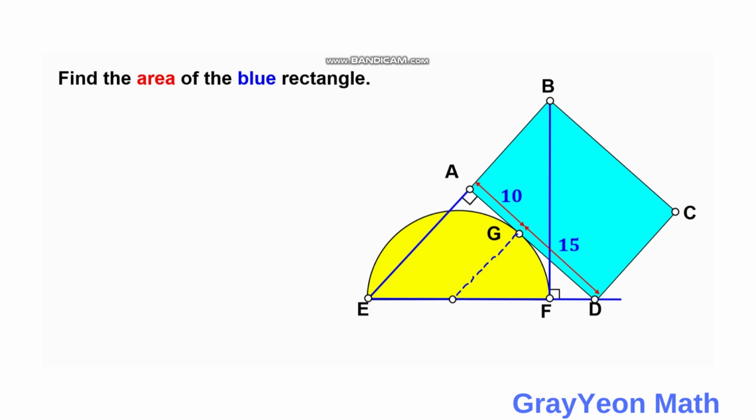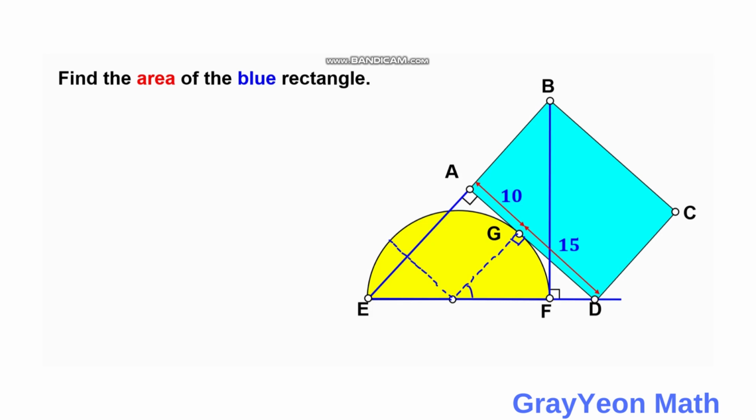And next we draw another segment which will be perpendicular to AE from the center of the semicircle. And if this is the point of tangency, then this should be 90 degrees. And if that is 90 degrees, then we form here an angle.